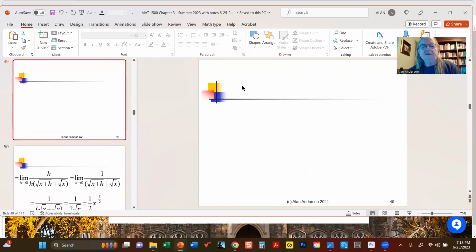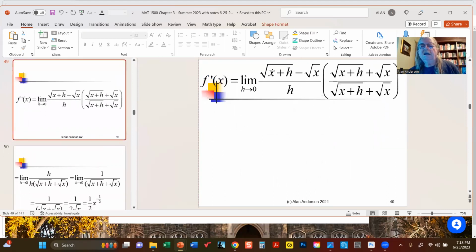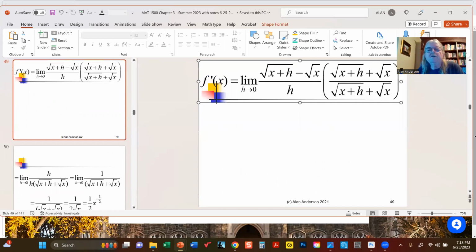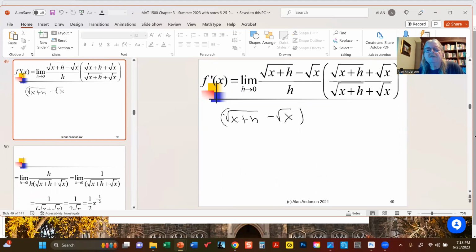All right, so let me copy this. So what I want to do is just focus on the numerator, which can be calculated with FOIL, because we have two binomial terms, meaning they both have two components in here. So F will be these two.